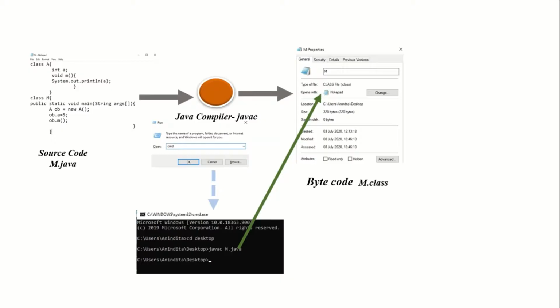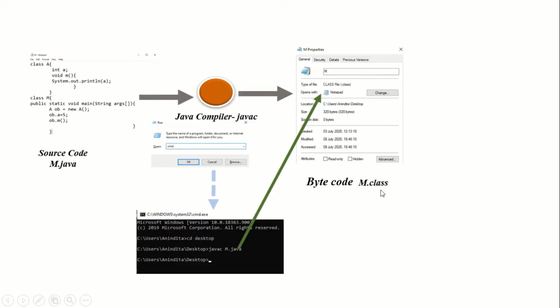After that, the most important point, whenever you execute this line javac and then the file name dot extension, immediately after writing this code, a bytecode will be generated. So from this point, I can say if a Java code is compiled, a bytecode will be created. And the extension of this bytecode will be .class.